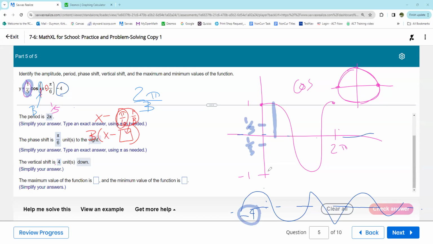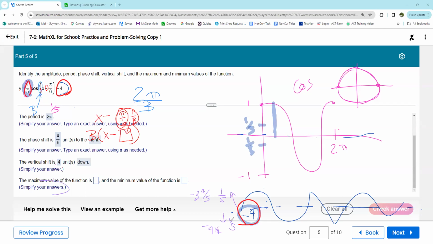We moved the whole thing down 4, and then because of this amplitude, we go up 1/5 above that line and down 1/5 below it. It'd be -4 1/5 when we go lower, and -3 4/5 above it.